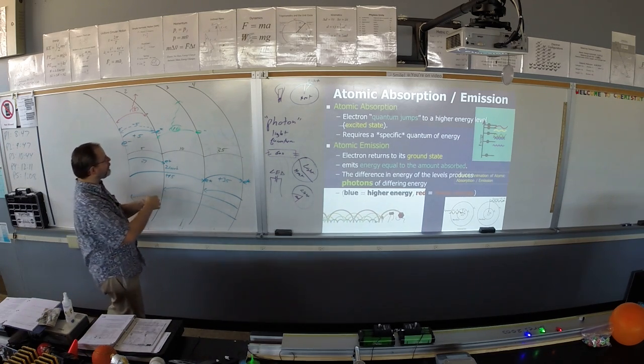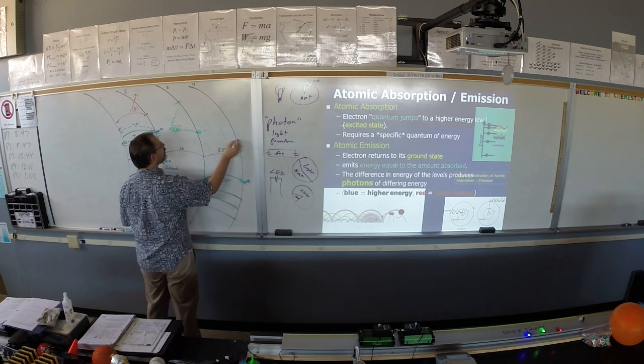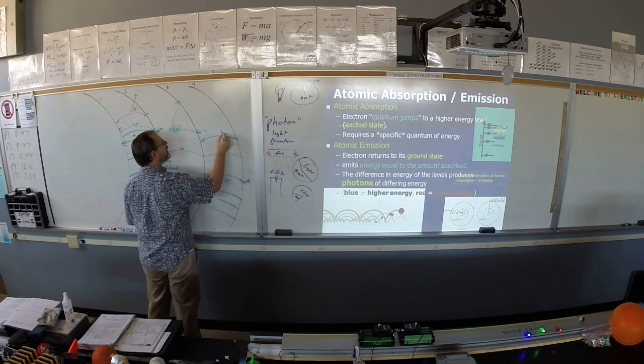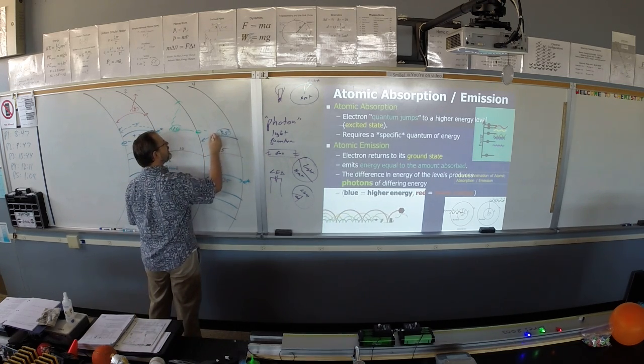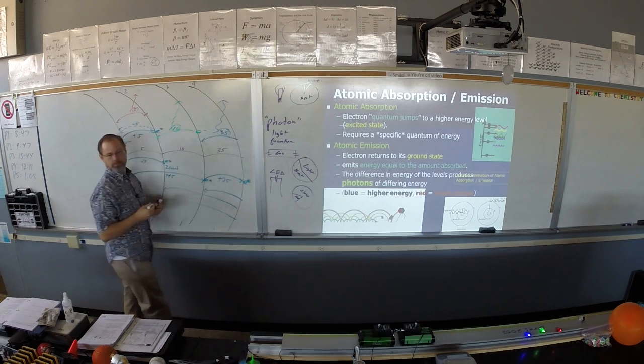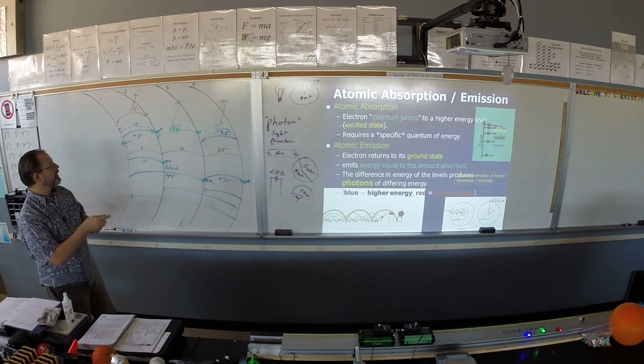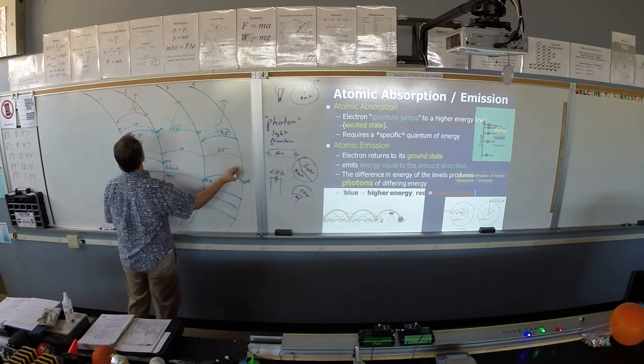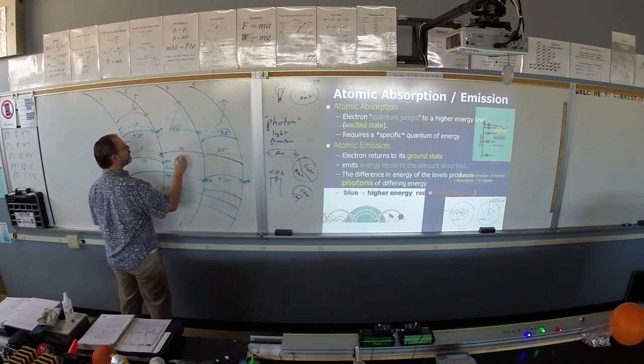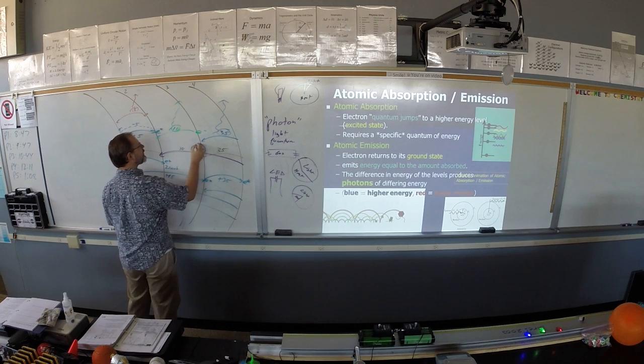And if it jumped from level 4 to level 2, it's going to give off 35 units of energy. It might make a blue photon. So far, so good? And maybe it's going to jump from level 4 back down to level 2, giving off 45 units of energy.